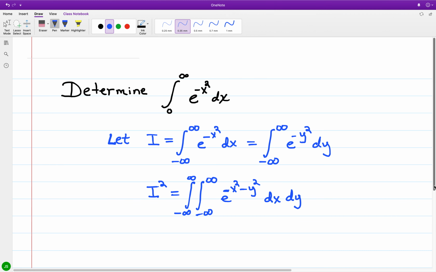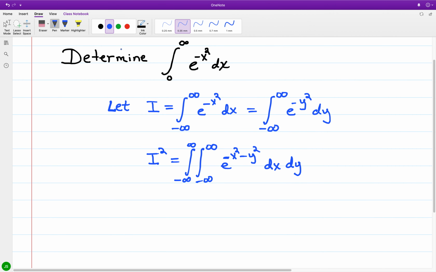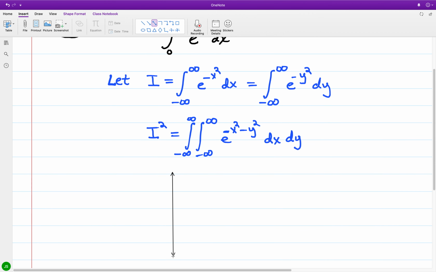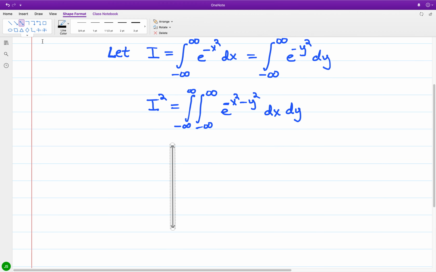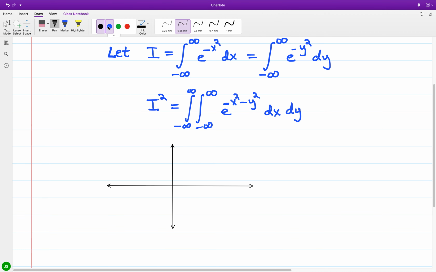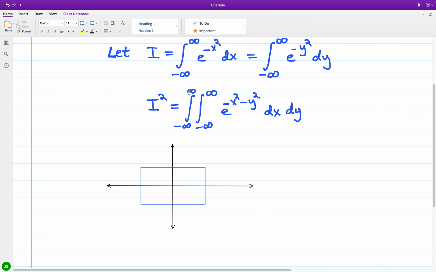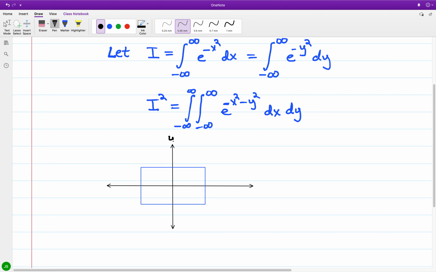And just looking at it from a schematic standpoint, you have a rectangle, with the Cartesian coordinate system.